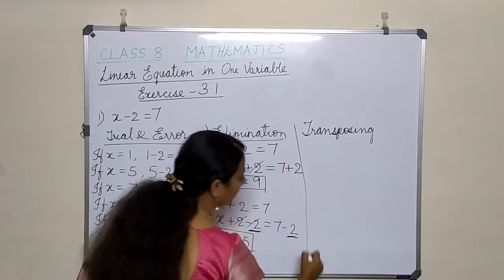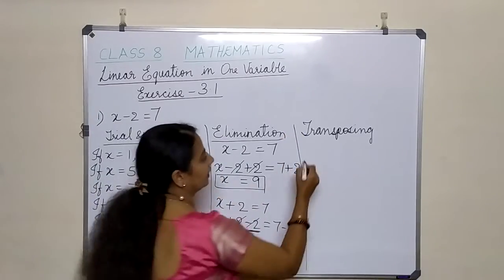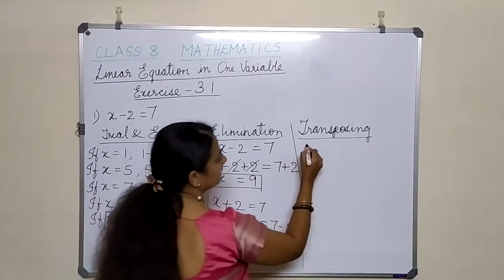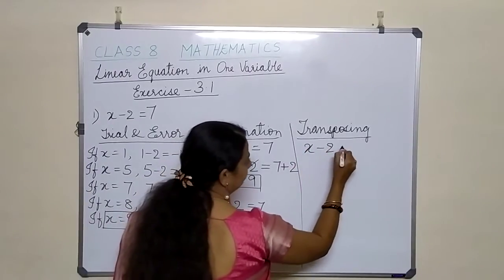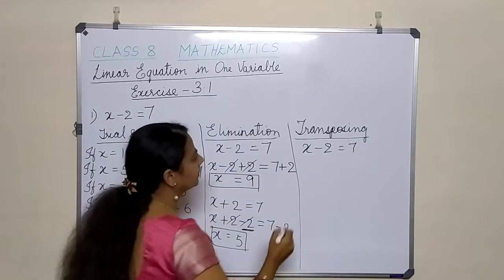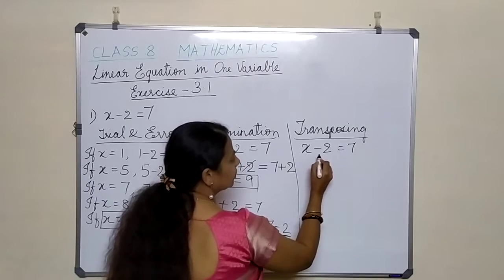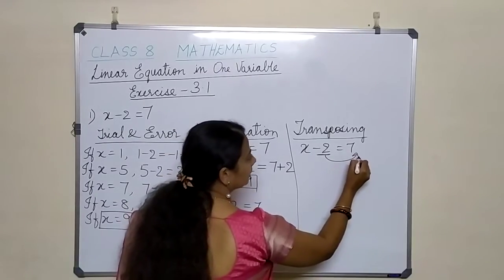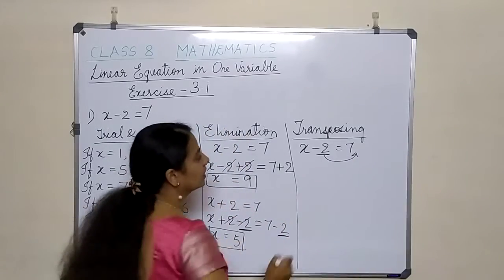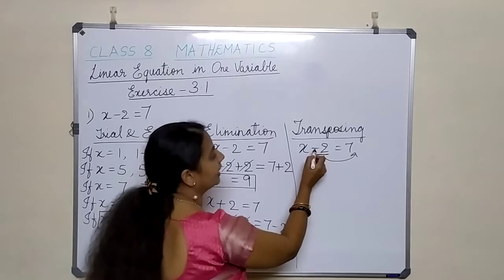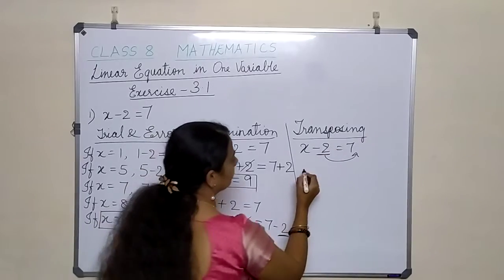Okay. Now coming to the transposing method. What do we do in the transposing method? See, we will take the same example. X minus 2 is equal to 7. Right? So this minus 2, I am going to transfer it to the RHS. So when I am transposing, that time minus becomes plus.